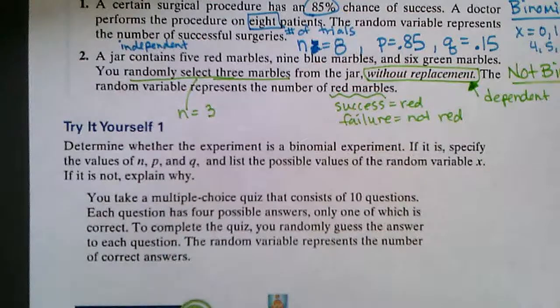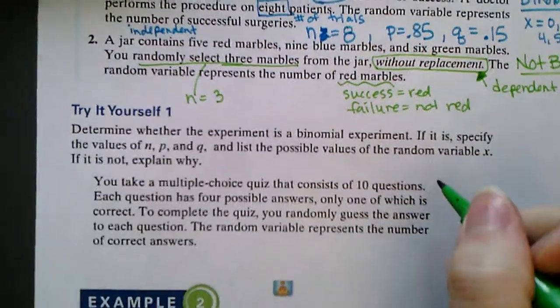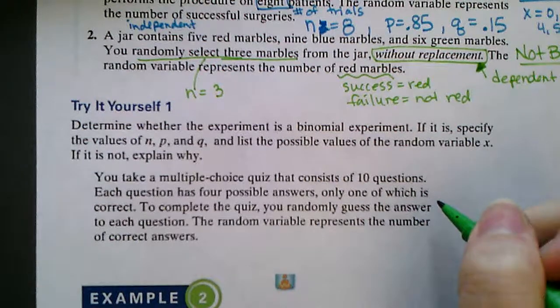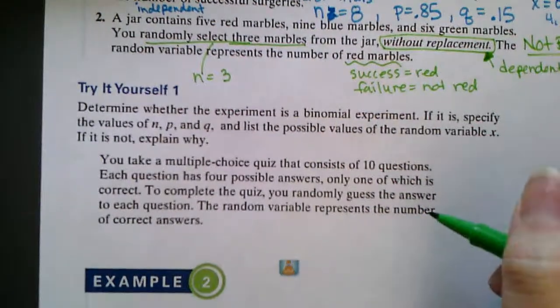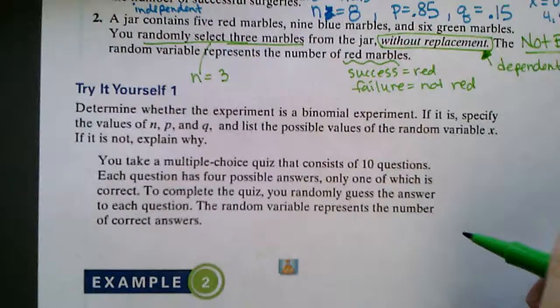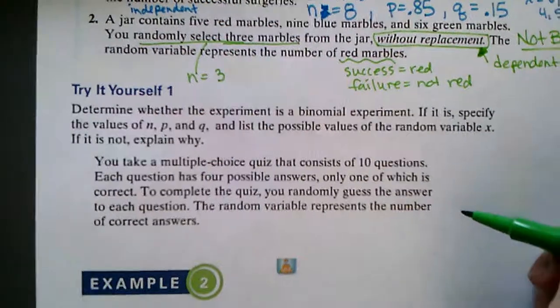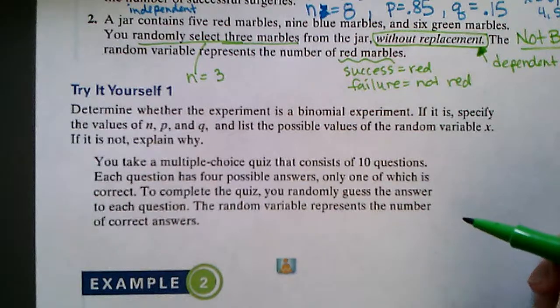Okay, let's do this one. Determine whether the experiment is binomial. Oh, we're doing the same thing, so I'm not going to read the directions. You take a multiple choice quiz that consists of 10 questions. Each question has 4 possible answers, only one of which is correct. To complete the quiz, you randomly guess the answer to each question, and the random variable represents the number of correct answers.